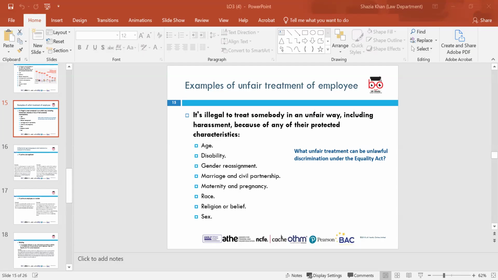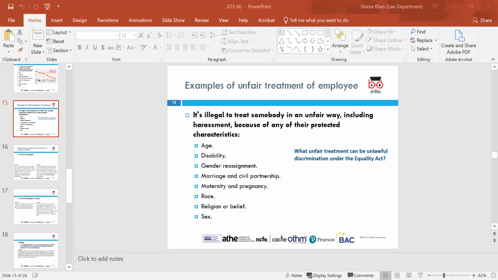So it's really important for any organization to apply the law and be familiar with what happens if you breach the law, because there are elements of it where, if you breach the law, you will be going into a tribunal.